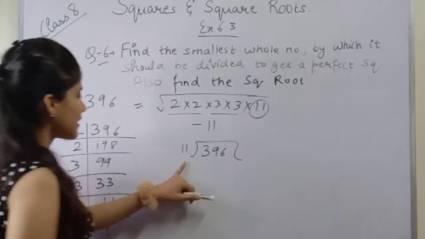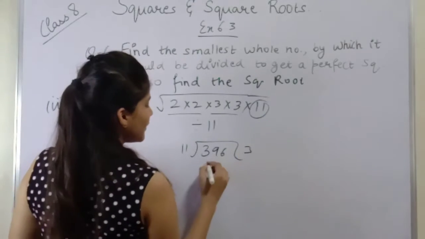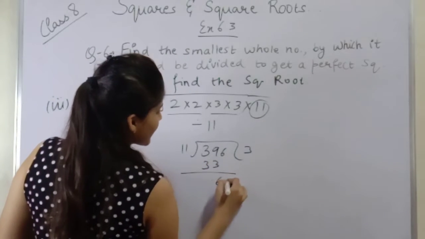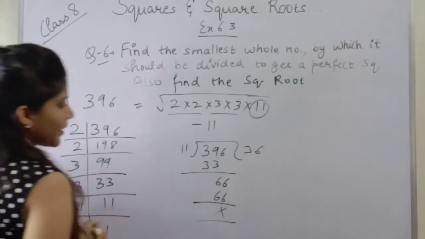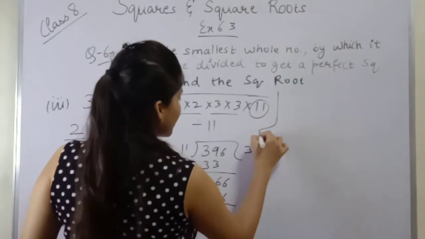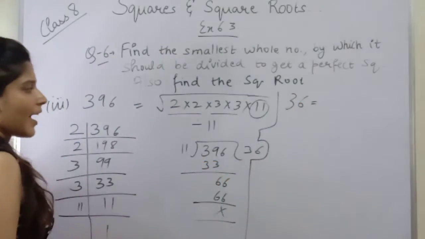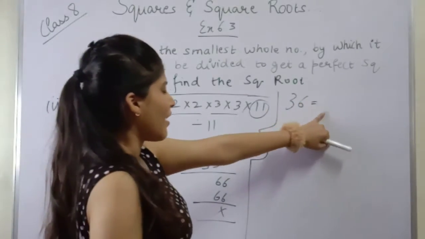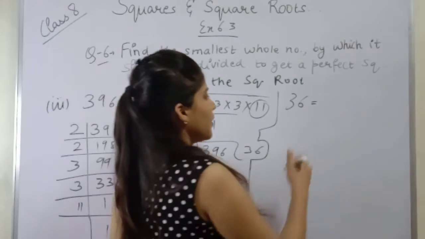So we will divide 396 by 11 now. 11 3s are 33, 66, 11 6s are 66. So remainder is 0, and we got the number 36. And we all know that the factors of 36 are 2 into 2 into 3 into 3.